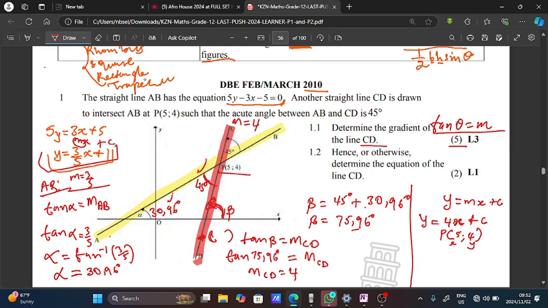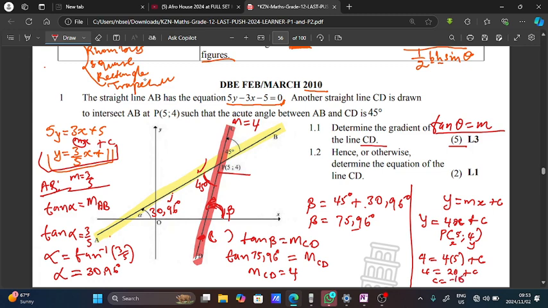So y is 4, equals 4 times x, which is 5, plus c. So you get 4 equals 20 plus c. So what will be the value of c?